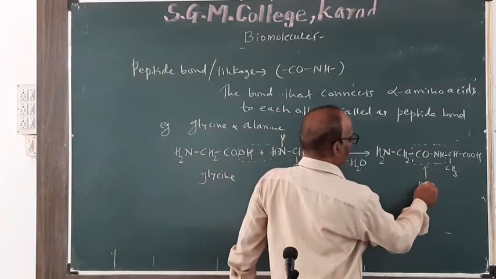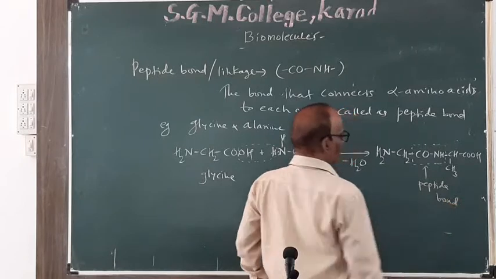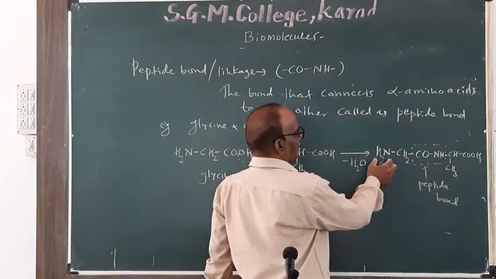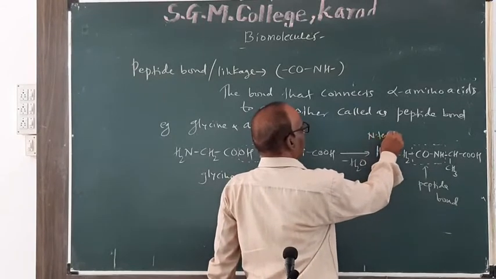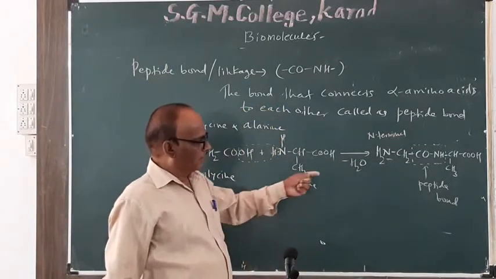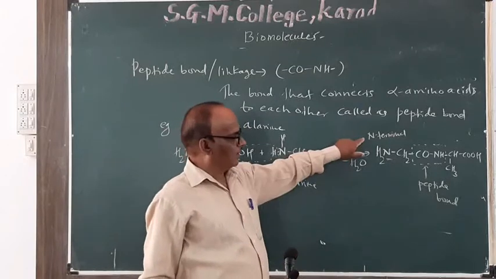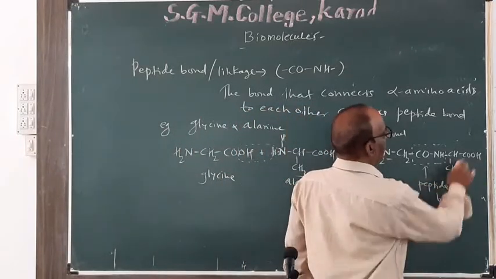This is a peptide bond or peptide linkage. So in this structure, at the terminal, an NH2 group is present. So this is called the N terminal. So there are two terminals. At the end of this, the NH2 group is present, therefore it is called the N terminal. The second terminal has a COOH group.